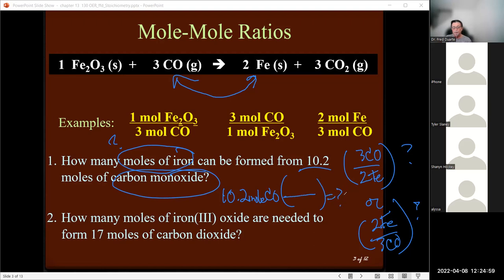We are looking for moles of iron. So that means that I need iron in the numerator for this ratio and carbon monoxide in the denominator, because I want those to cancel. Well, obviously I need to use the bottom ratio. So it's 3 to 2, and you got it set up.